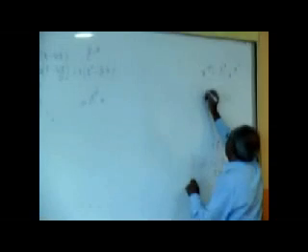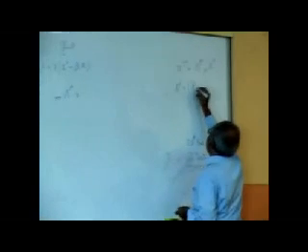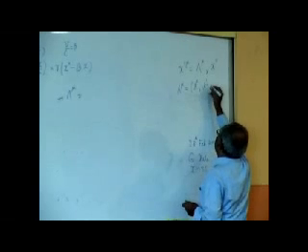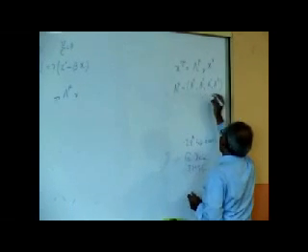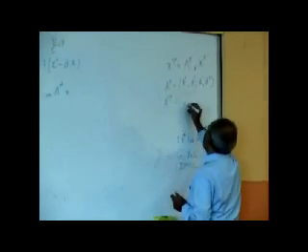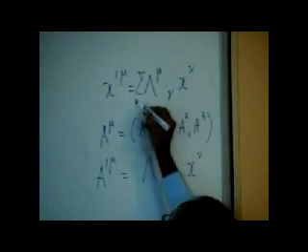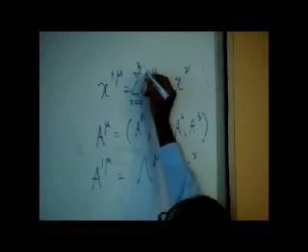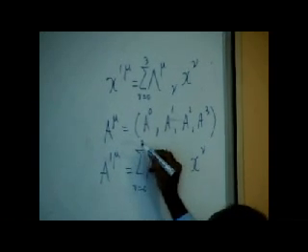Any A mu, which is A0, A1, A2, A3, any 4 quantities which transform like this under Lorentz transformation. Of course, this is a sum. Remember, the Einstein convention was there. I am not using it right now. If this happens, A is a 4 vector.